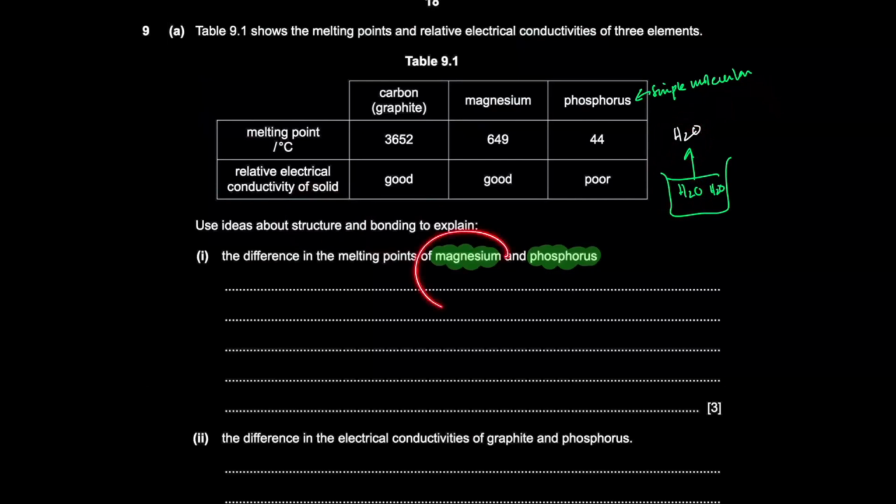So in giant structures you have to break bonds, and in simple molecular you only have to break intermolecular forces. So magnesium is giant metallic, you have to break metallic bonds. Similarly, carbon is macromolecular, giant covalent, so you have to break covalent bonds. Ionic compounds are giant ionic, so you have to break ionic bonds.